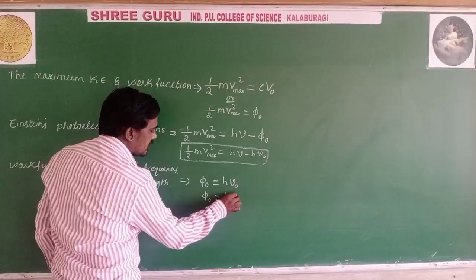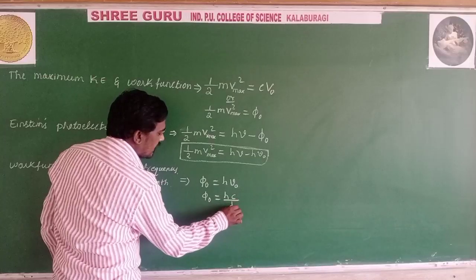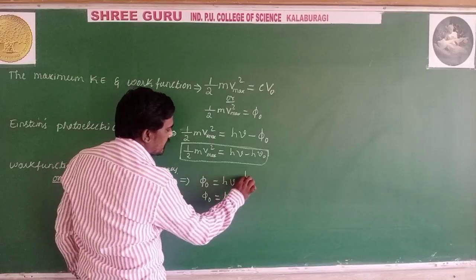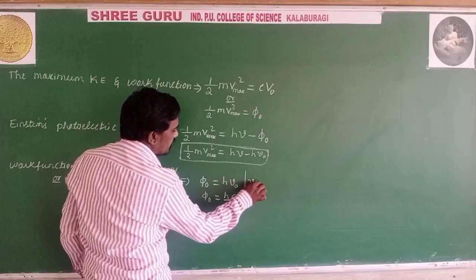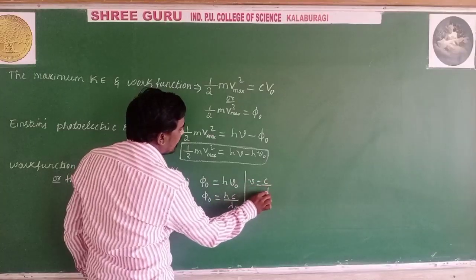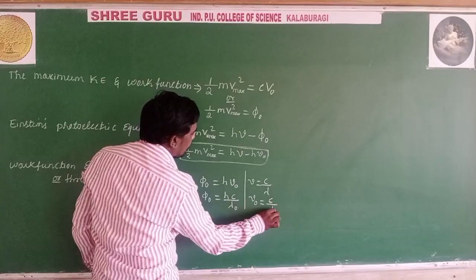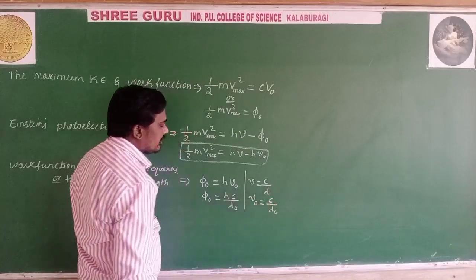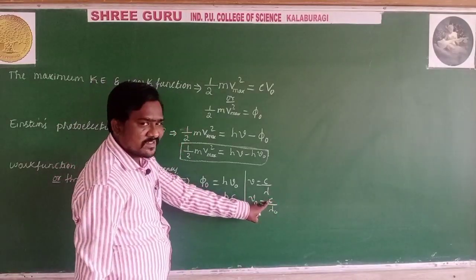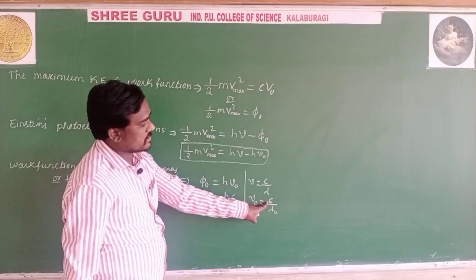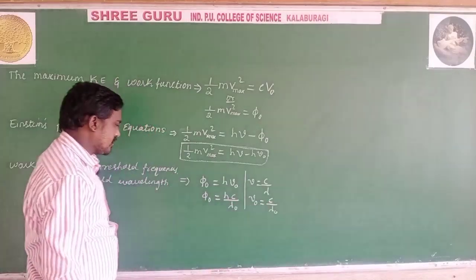Nu naught means c by lambda naught. We know that frequency nu is equal to c by lambda. Here it is nu naught, that's why c by lambda naught. Why are we not writing c naught? Because c is the velocity of light, which is a constant value.